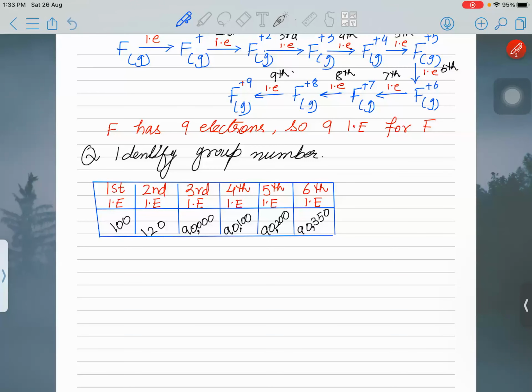So it means the valence electrons are 2, so group 2. In the valence shell you have 2 electrons, because after the second ionization energy you observe a big jump.